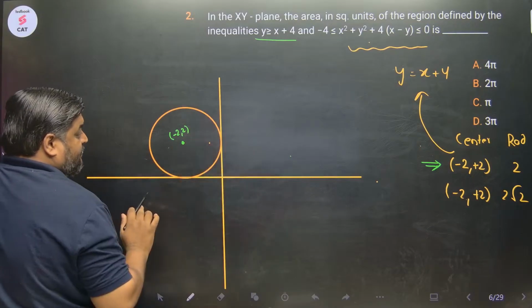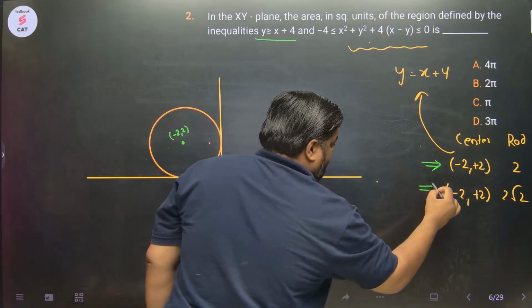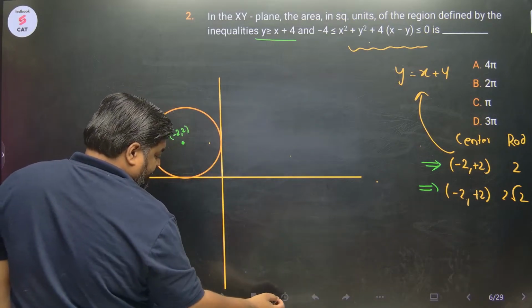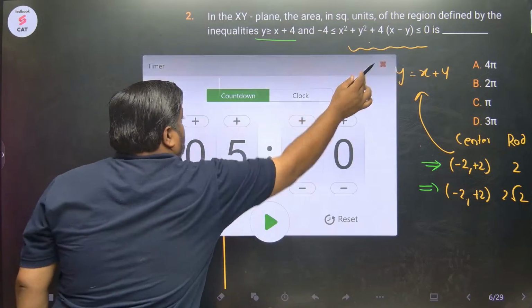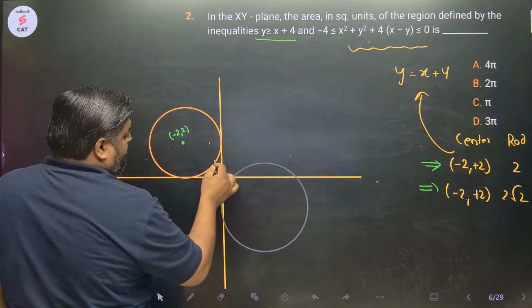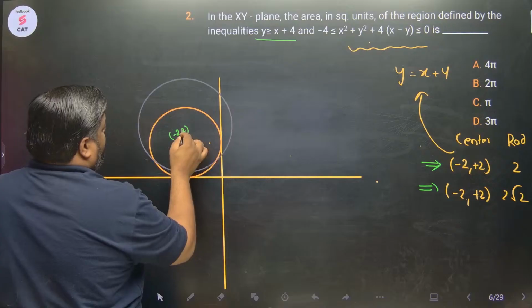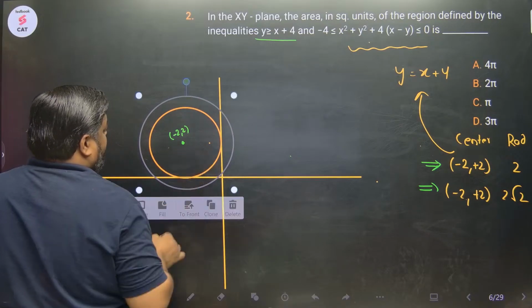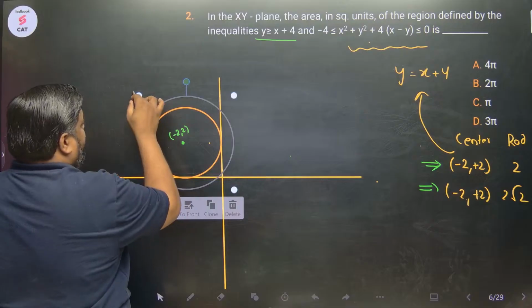The second circle, if we plot it, the center is the same, guys. You have to keep the center the same.